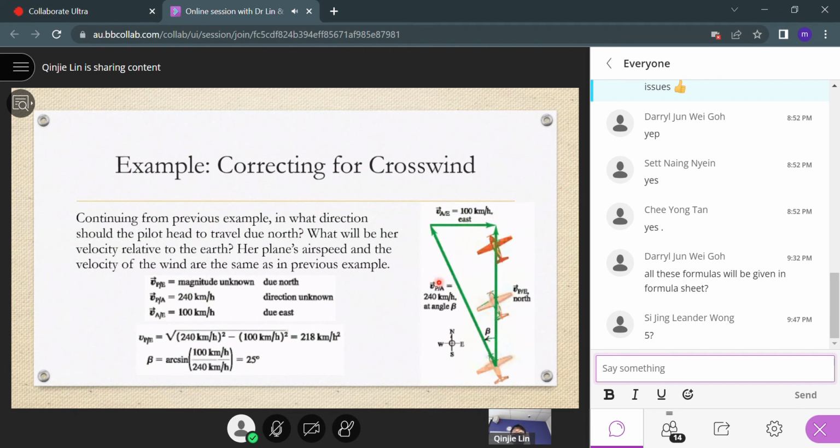You will draw this diagram, then you will calculate. Her plane is still going at 240 kilometers per hour relative to the air. Don't care where the air is blowing, but it's going at this speed. So this is 240, this is 100. From here, same thing, use Pythagoras theorem to calculate. You get 218.